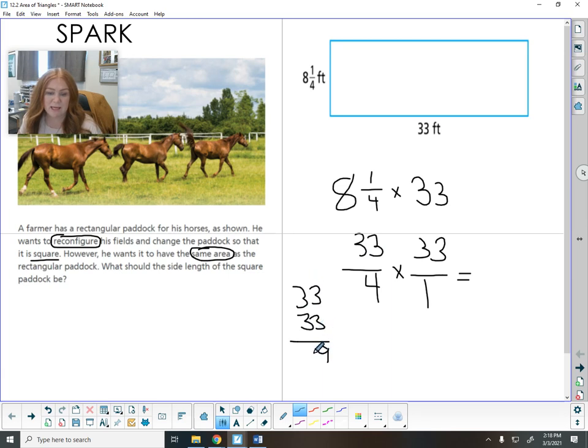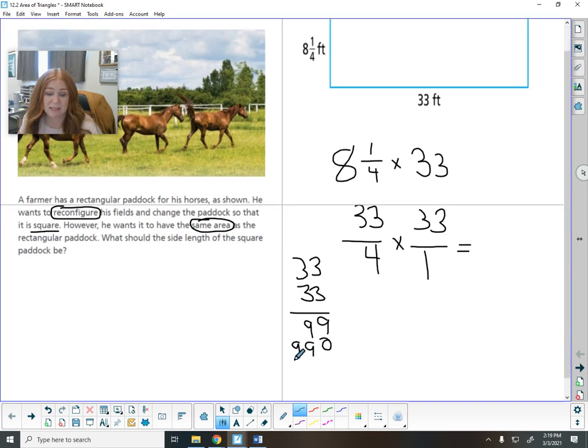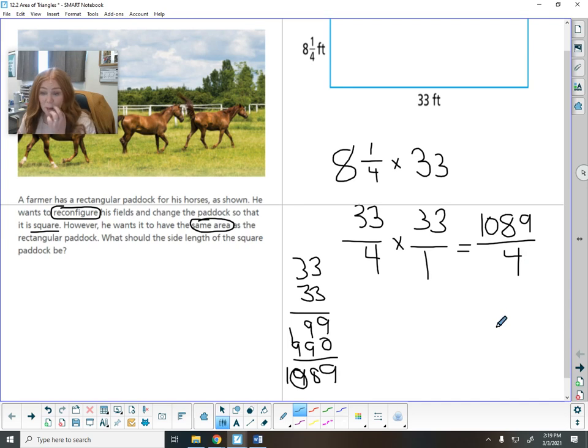33 times 33 is 1,089, so his field is 1,089 over 4 square feet. We need to divide that by 4. 1089 divided by 4: it goes into 10 two times with 2 left over.